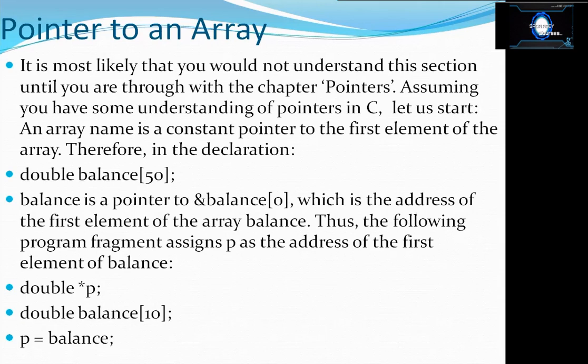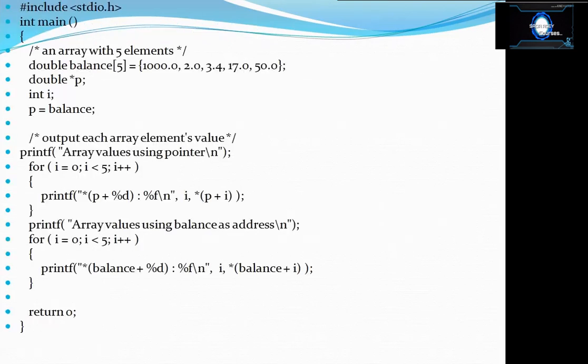Therefore, in the declaration double balance[50], balance is a pointer to &balance[0], which is the address of the first element of the array balance. Thus, the following program fragment assigns p as the address of the first element of balance: double *p; double balance[10]; p = balance. This is a basic sample program of pointers to arrays.